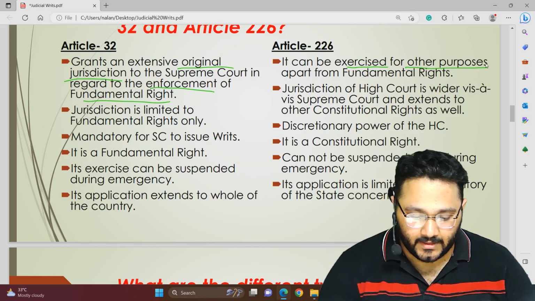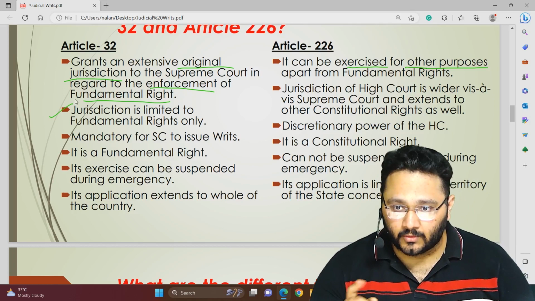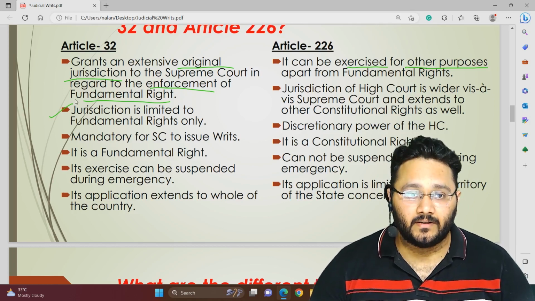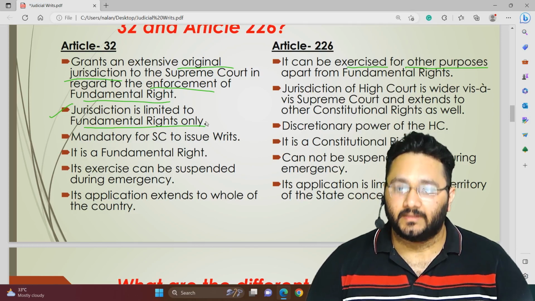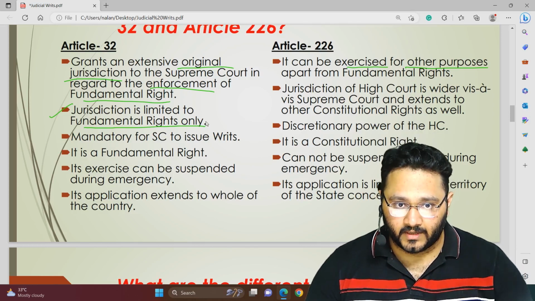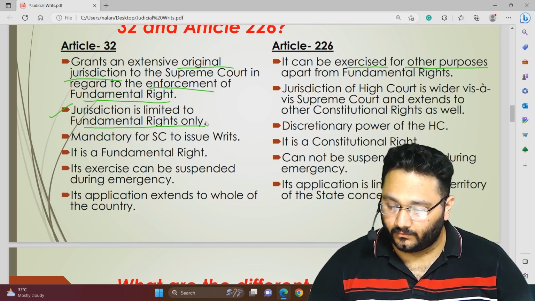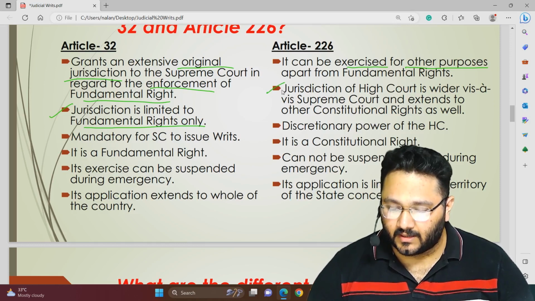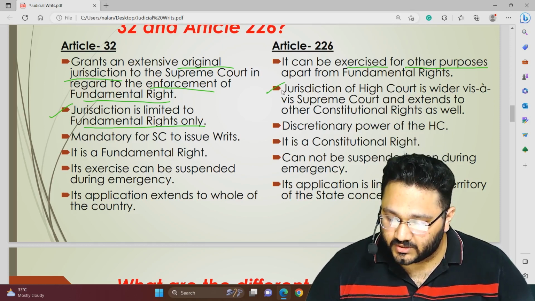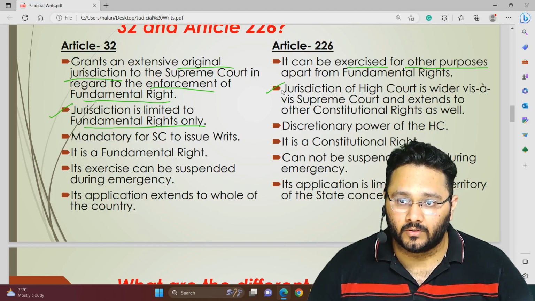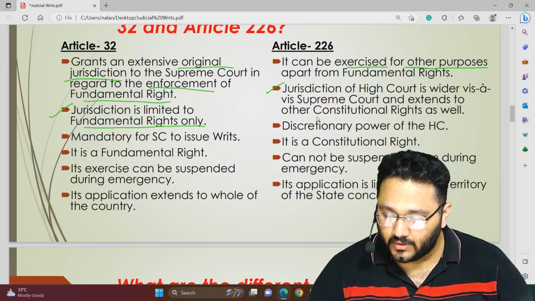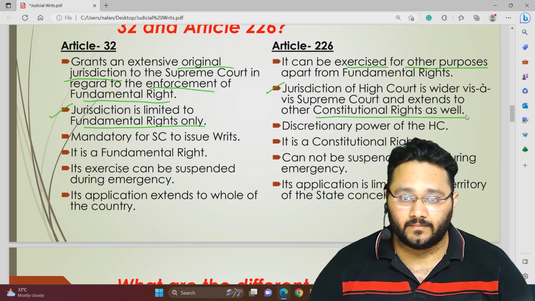So can we say that the jurisdiction of Supreme Court under Article 32 is limited to fundamental rights only given under Part 3? Any doubt? And whereas under Article 226, jurisdiction of High Court is wider vis-a-vis, means in relation to Supreme Court, and it extends to other constitutional right as well.